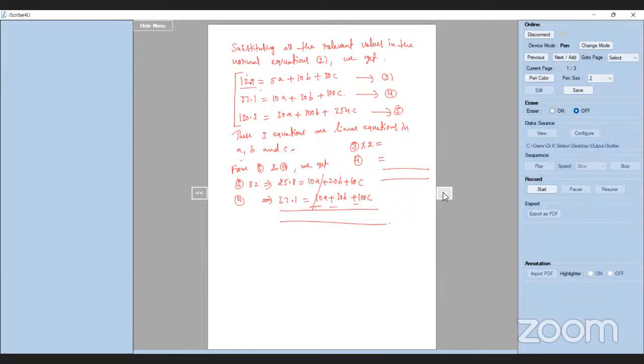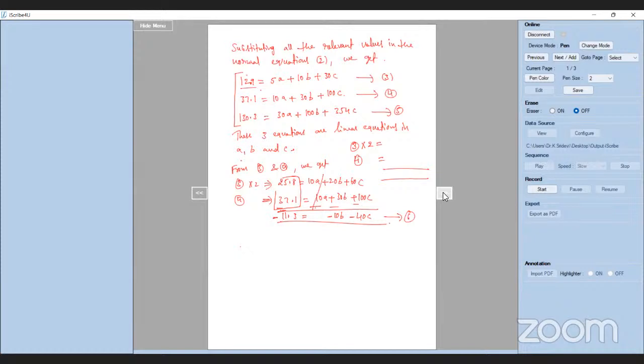So the A terms get cancelled. Subtract these two equations: 37.1 minus 25.8 is 11.3. So 11.3 is equal to 10B plus 40C. Give equation number 6 for this.